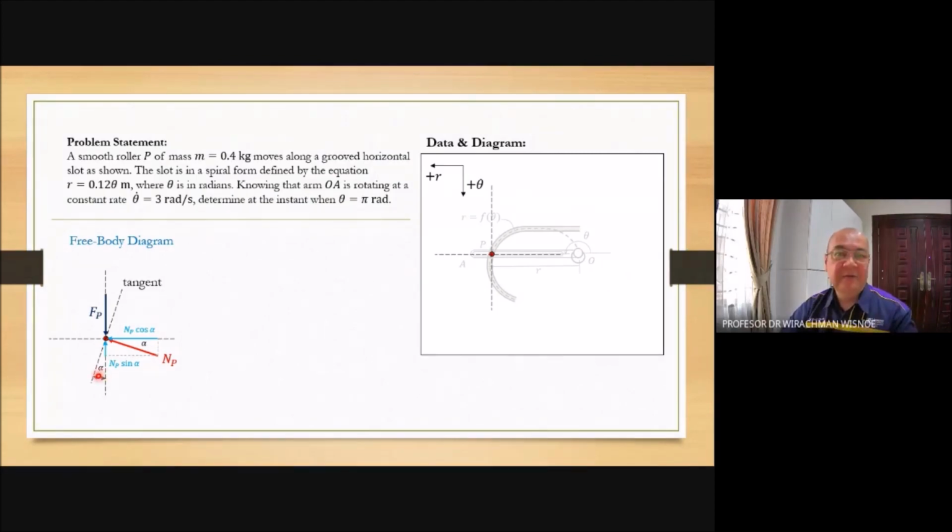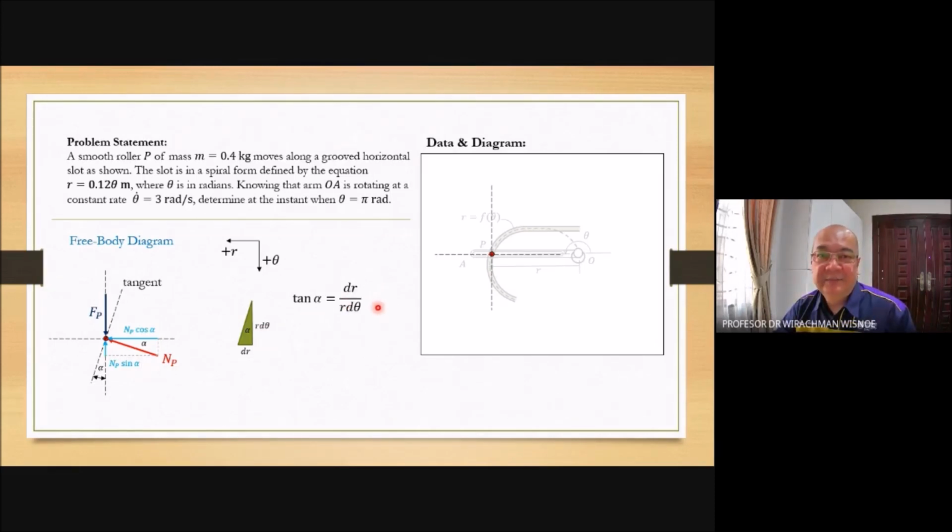Let's solve for alpha. So let's focus on this right triangle and bring it there. We have a right triangle where the angle here is alpha at point P. This side will be dr. This side will be r d theta. Tangent alpha is dr over r d theta.